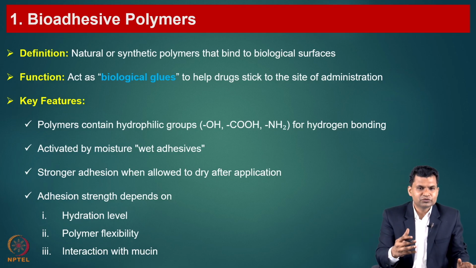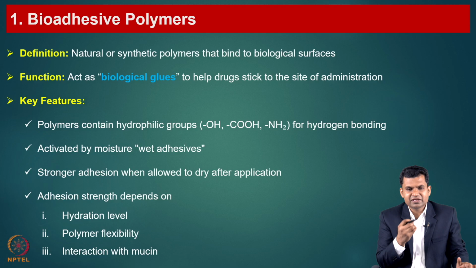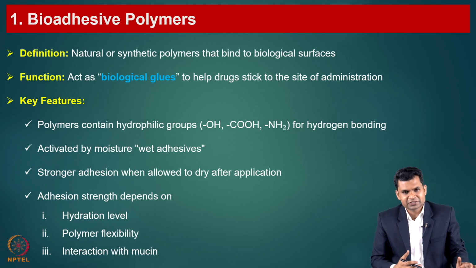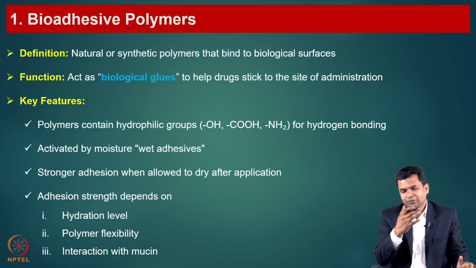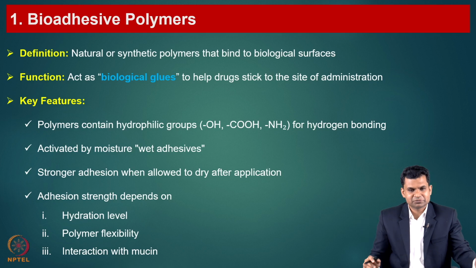And in our previous lectures on targeted drug delivery, we discussed various types of polymers which respond to pH, temperature and other stimuli-responsive mechanisms. Then in oral controlled drug delivery systems, we have seen various polymers which have different release mechanisms.